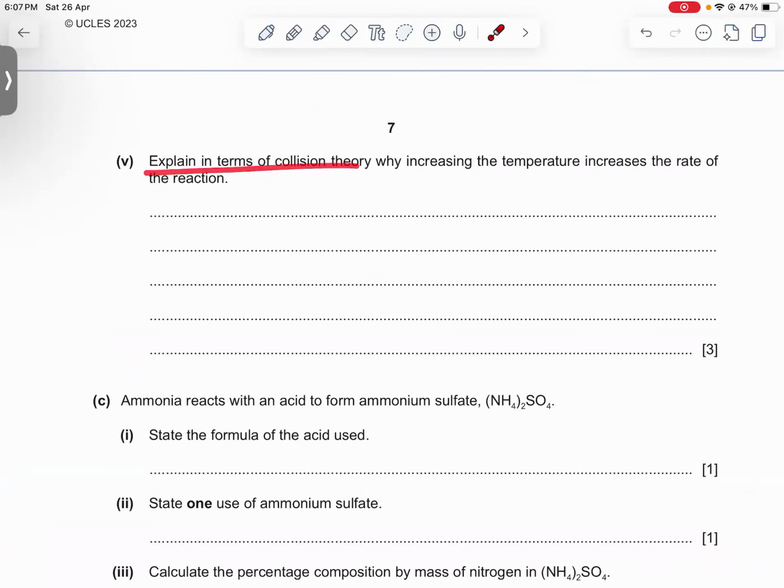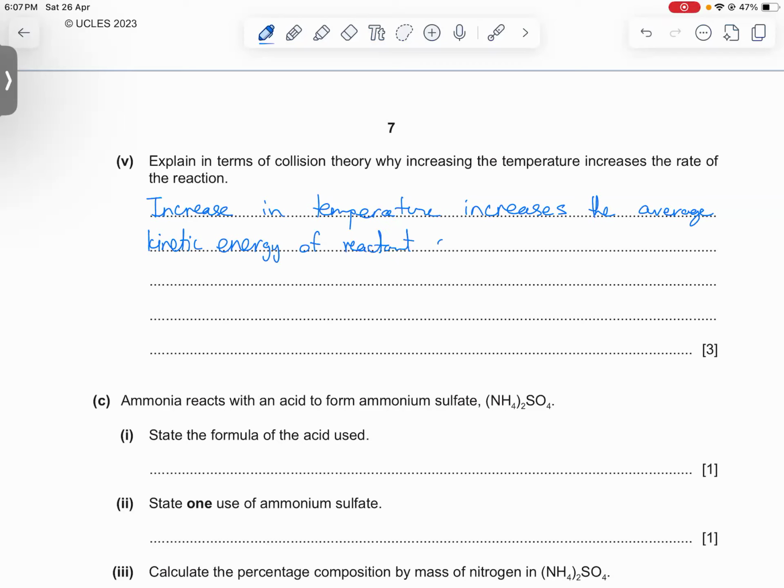Next, explain in terms of collision theory why increasing the temperature increases the rate of reaction. Because an increase in temperature increases... It is a 3-mark question, so we have to maximize it. An increase in temperature increases the average kinetic energy of reactant particles. Full stop.